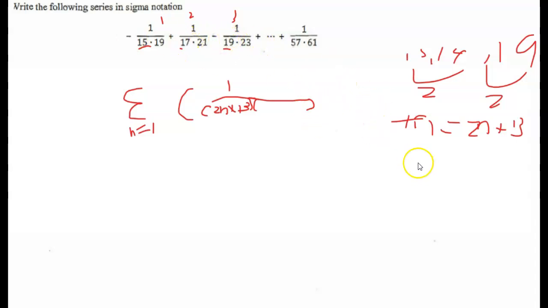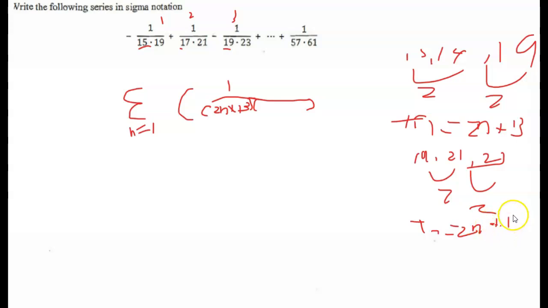The difference is 2, so the pattern will be 2n, and this term minus the difference gives 17. So 2n plus 17, and you can test all this. Put 1 in the equation here, you get 19. Put 1 in the equation over here, you get 15. So it's 2n plus 17.